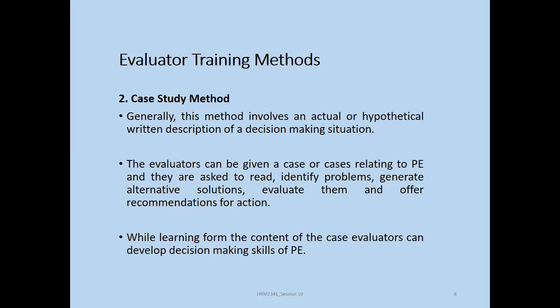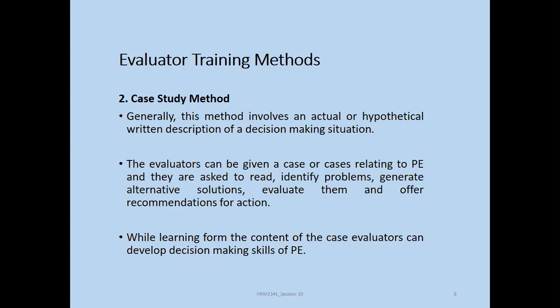That is the example for a case study. By giving these types of problems, we can improve their decision-making skills. With those decision-making skills, they can do better performance evaluation. While learning from the content of the case, evaluators can develop decision-making skills for performance evaluation.